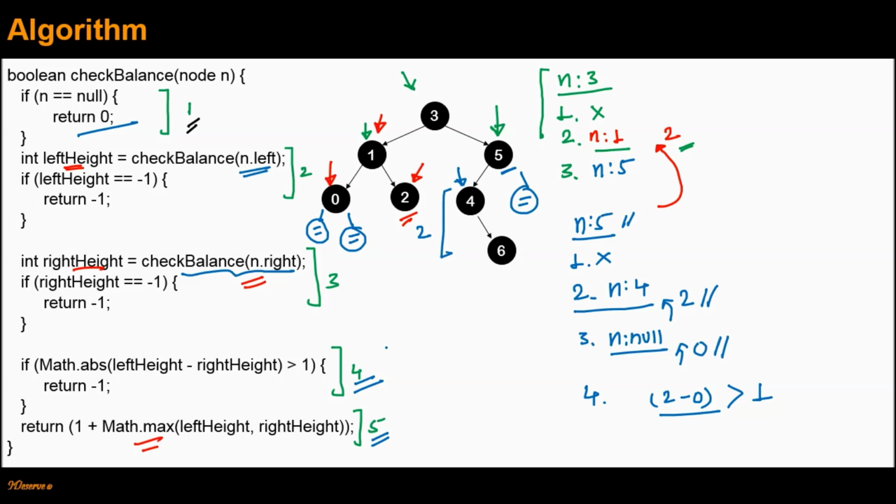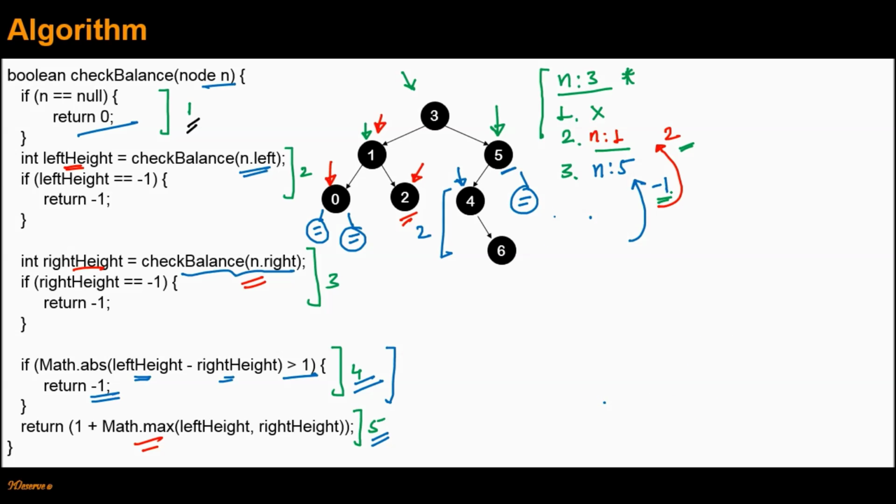Now observe that in step number 4, when the absolute difference between left height and right height is greater than 1, we return -1 to indicate that the tree rooted at node n is not height balanced. So the tree rooted at current node, which is node 5, is not height balanced, and it returns -1 here to the calling function. I'll erase the completed call sequence.